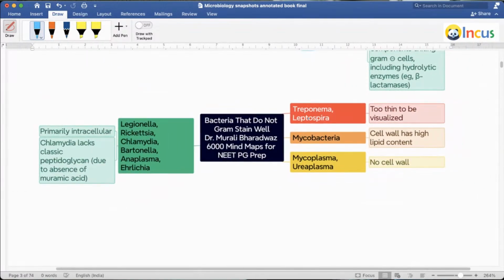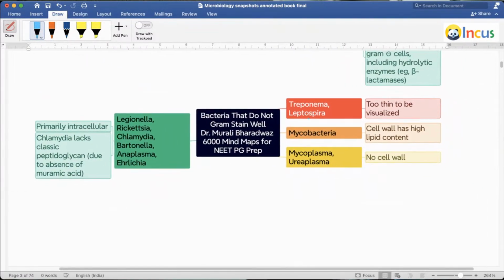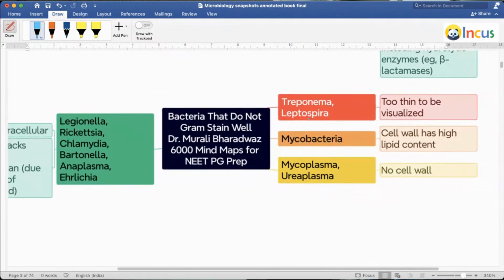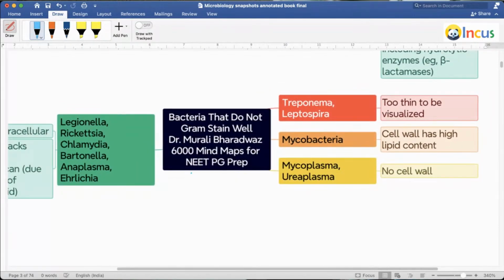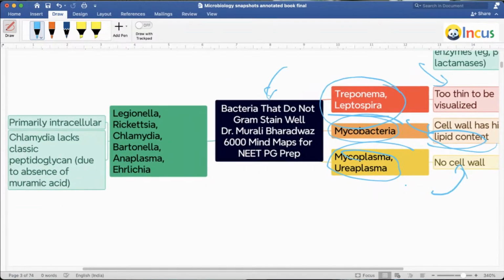There are certain bacteria that do not stain well with the gram stain. What are they? Treponema, Leptospira, they're too thin to be visualized. Spirochetes are very thin. That's the reason you can't. Mycobacteria, their cell wall has a very high lipid content. That's the reason they do not stain gram. Mycoplasma and ureaplasma, they don't have a cell wall at all. That's the reason they cannot.